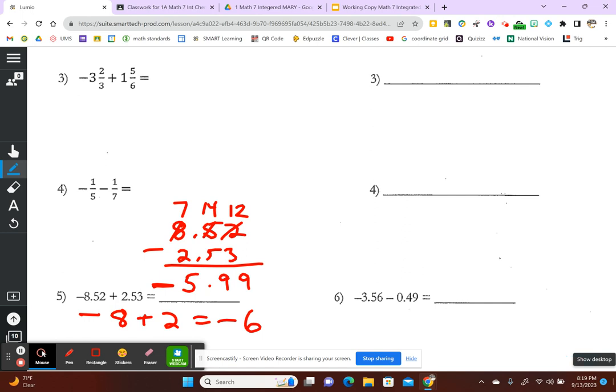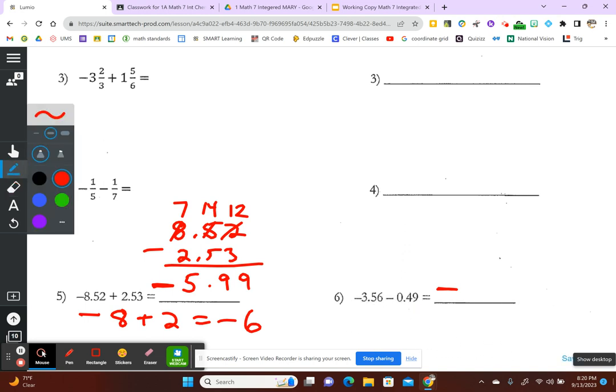Now for number 6, I'm going to say, what would a -3 minus a half be? And actually, that would be -3 1/2. When you plus a negative, plus a negative is a greater negative. So I know this answer is going to be negative. And what I'm going to do is just add my two numbers.